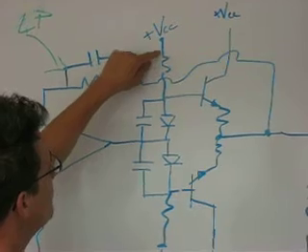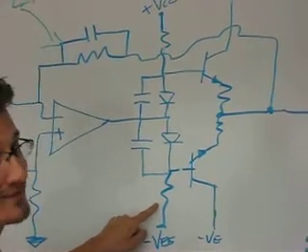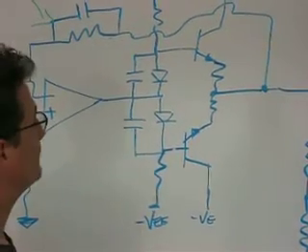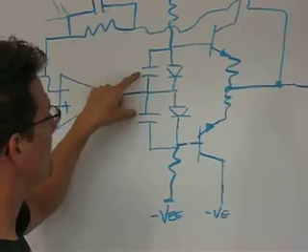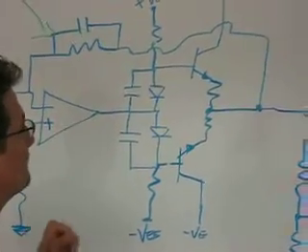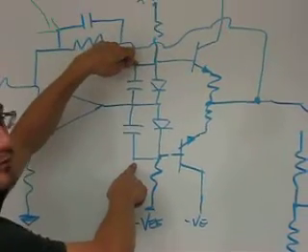So this resistor and this resistor here give the quiescent current to these two diodes to bias them. These little caps here at low signal levels keep the voltage across these two nodes as close to 1.4 as possible.